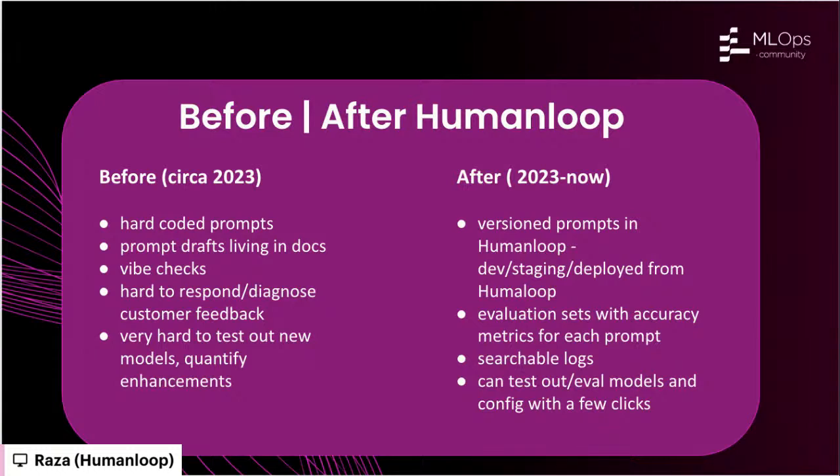Subject matter experts were working out of docs or other familiar places because they're not familiar with GitLab or GitHub. It was very vibe check, right? That initial step for stakeholders and subject matter experts was like, I have a few, this feels good, but I don't know what it's like at scale. And then it was hard to respond to and diagnose client feedback. It was a lot of digging and trying to pull teeth to get that information.